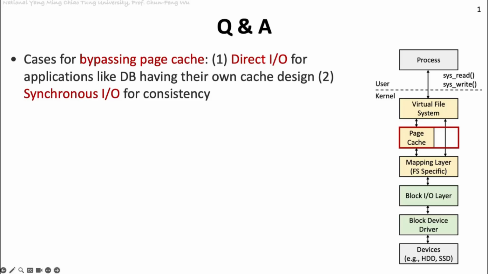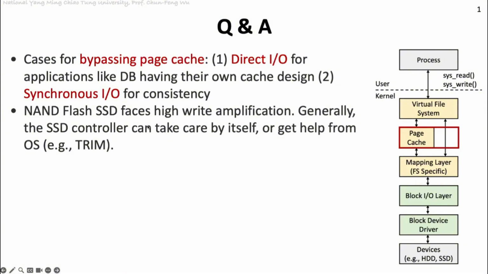So using synchronous IO, you can update the data both in the page cache and the storage device. But in that case, you don't really take advantage of the page cache. The good thing is you can make sure of 100% consistency. No matter when the system crashes, you don't need to care about consistency, because every time you update the data back to the storage device.